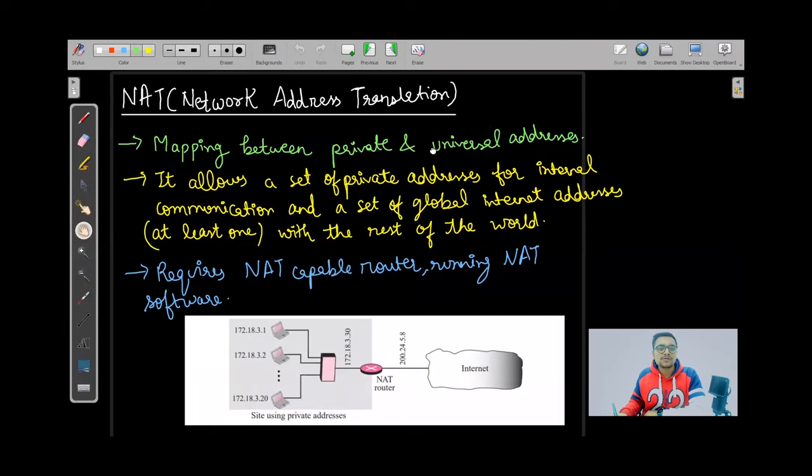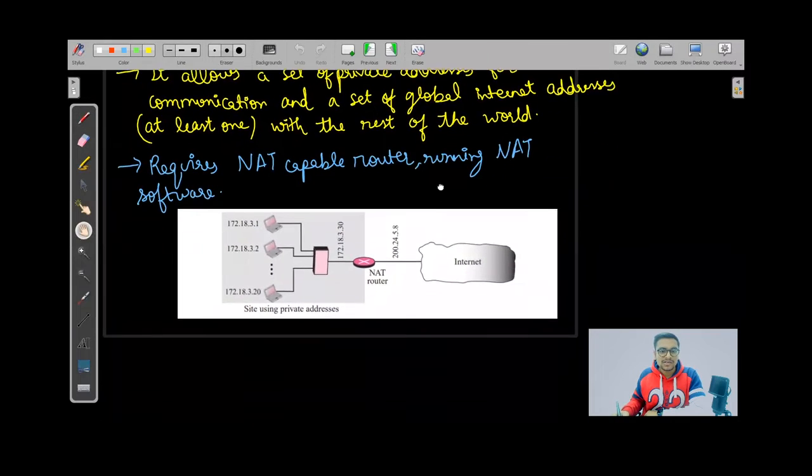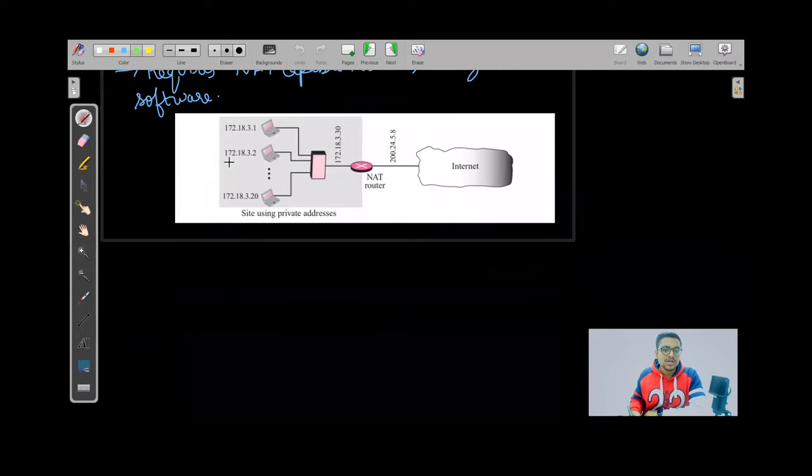In order to resolve those problems, we create a private network. Let's look at this picture. We have just one router, and to this router we have allocated one public IP address. The whole internet is going to identify this router on the basis of this IP address.